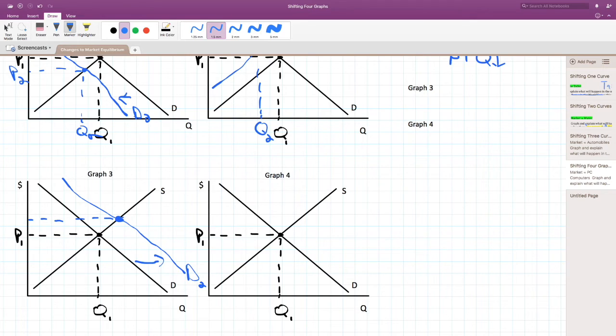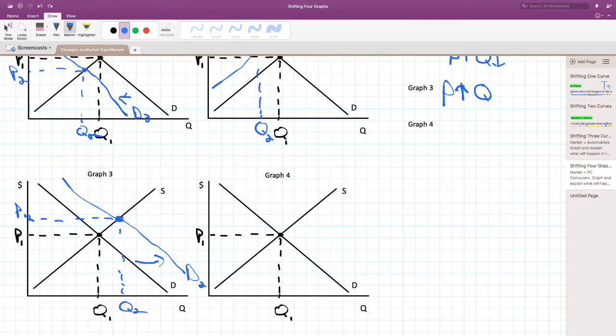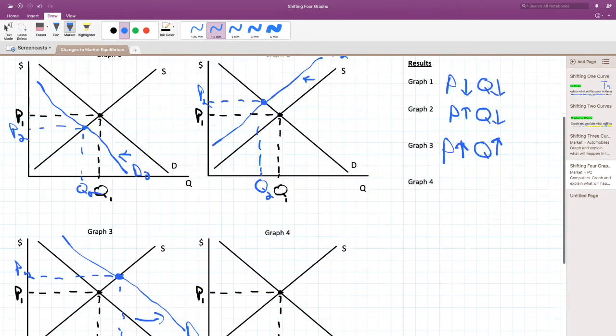This is going to become my new equilibrium price, which I label P2, my new equilibrium quantity, which I label Q2. Okay, I'm going to go back up here. Price rises, quantity rises. Let's go and undo that. So price rises, quantity rises.